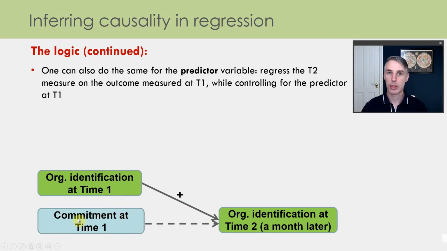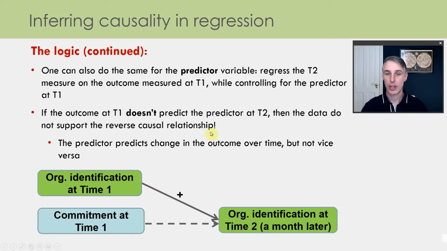Now, if commitment at time 1 does not predict change over time in identification, then it seems to suggest that the predictor, identification, predicts change in commitment over time, as we saw on the previous slide, but commitment at time 1 does not predict change over time in identification. Okay, so identification predicts change in commitment, but commitment does not predict change in identification.